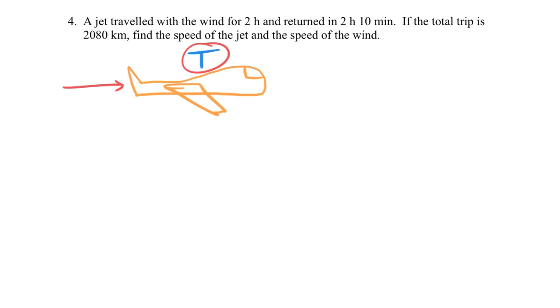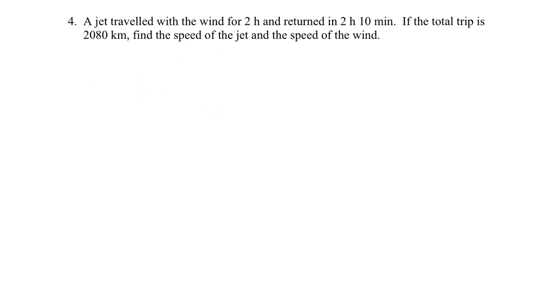The same thing happens when we're traveling by a plane up in the air. So when the question asks, and sorry, I'm going to get rid of my beautiful plane here, find the speed of the jet and then find the speed of the wind, what it's asking is: what's the throttle speed, the speed of the jet, and then what's the wind speed that's affecting it?